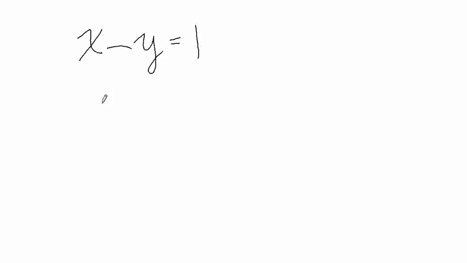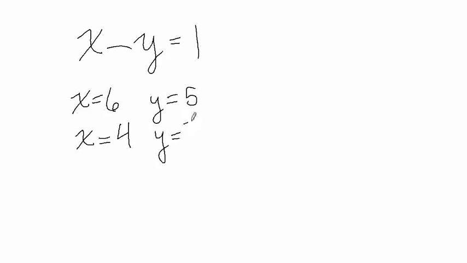Can you see that if x was equal to 6 and y was equal to 5, that would work because 6 minus 5 is 1, right? Now, that's not the only possibility, is it? What about x equal to 4 and y equal to 3?